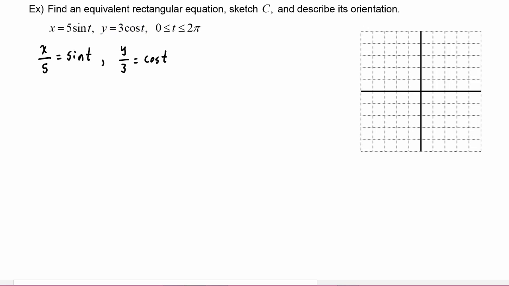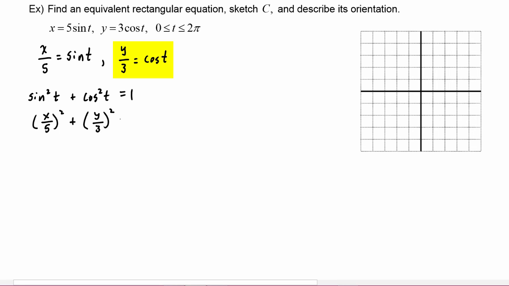Now, to get these two worked into an equation together, we can use the Pythagorean identity that sine squared of t plus cosine squared of t is equal to 1. And we substitute. For the sine of t, we will substitute x over 5. So this is x over 5 squared plus, for cosine of t, we can substitute y over 3.